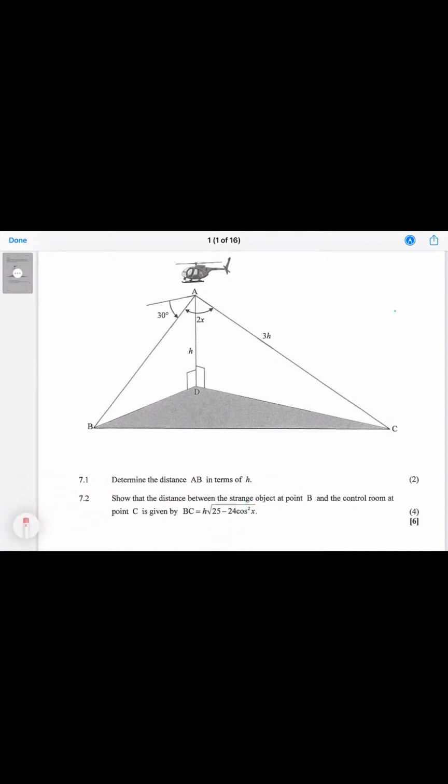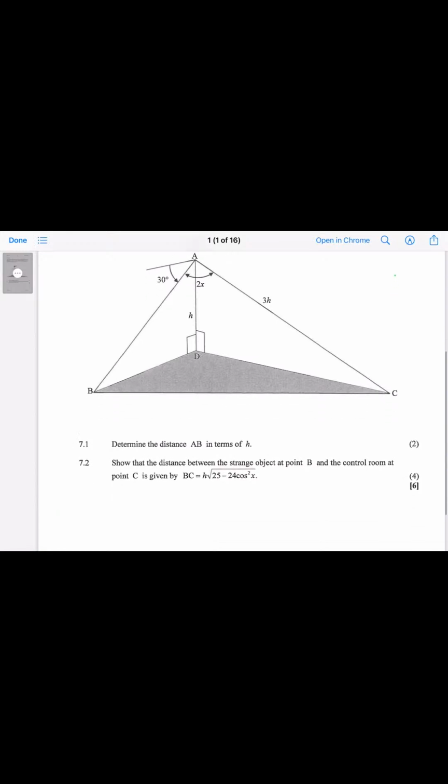So the most important thing is for you to identify in which triangle it lies. So let's see, maybe let me choose that color. The side BC is connected to that triangle, and also to that triangle.